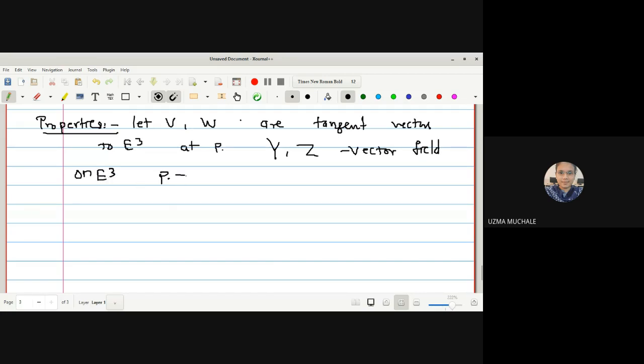Then prove that del AV plus BW of Y is equal to A del V Y plus B del W Y. So we can say it is linear in the vector. This property is called linearity in tangent vectors.